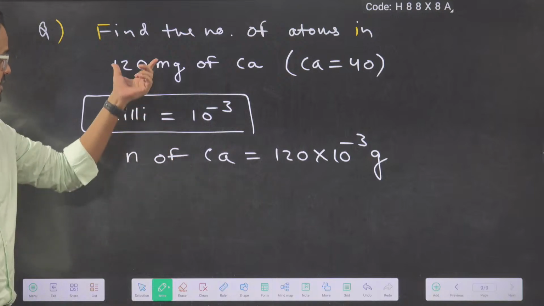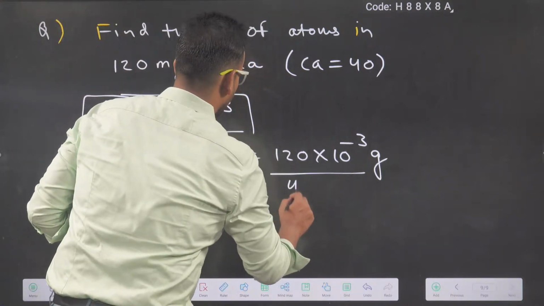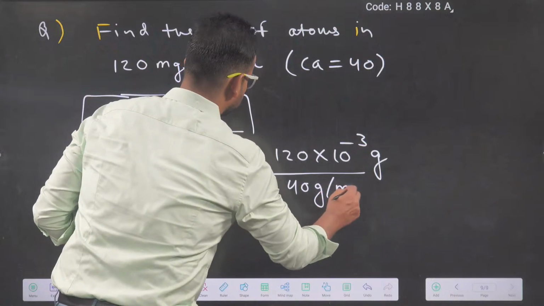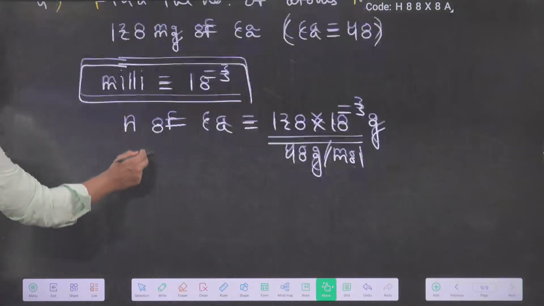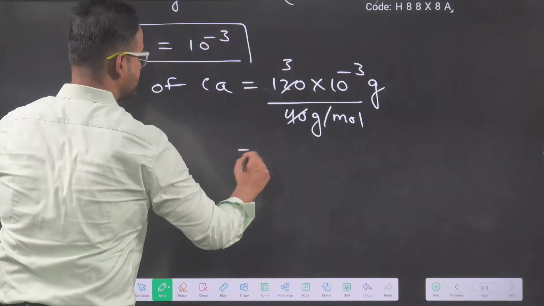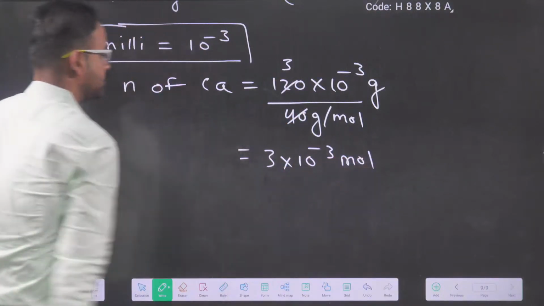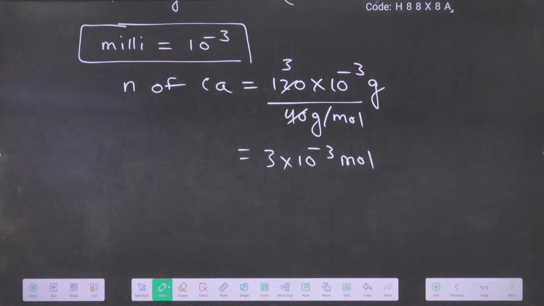So 120 into 10 to the power minus 3 gram upon molar mass 40 gram per mole. Now 120 by 40 becomes 3, so this is 3 into 10 to the power minus 3 mole.